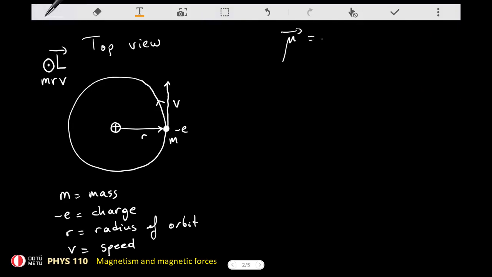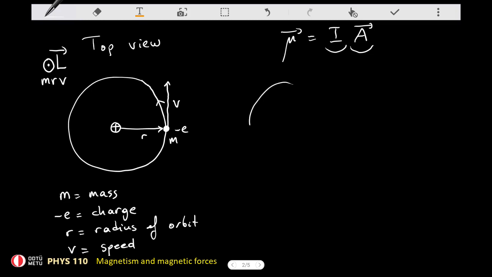So the magnetic dipole moment is equal to current times the area. Area is a vector here. Let's remember that there is a choice involved, but for the direction of the area and for the direction of the current, I can choose them in any way I want, but I would like to choose a direction where the current is positive.